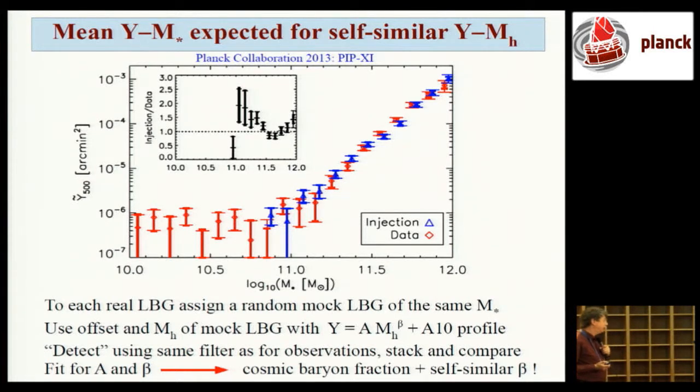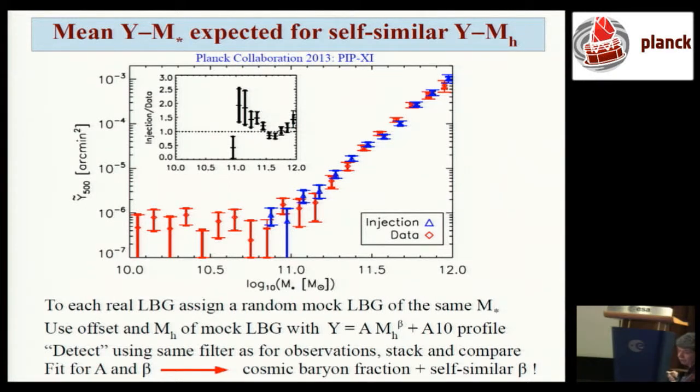Now when you do this, you get a very interesting result, which is the scaling you get is exactly the self-similar scaling you predict by the simplest possible model, where each halo has its own fraction of baryons distributed in the same way as the dark matter. And the normalization corresponds more or less to the cosmic baryon fraction. So this is essentially the simplest possible answer, and it fits.